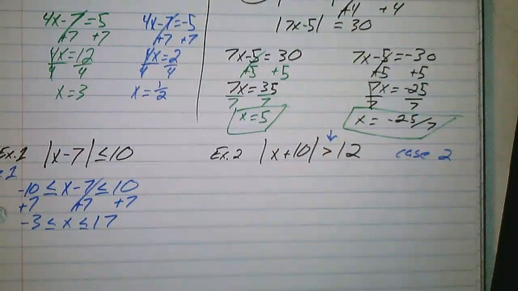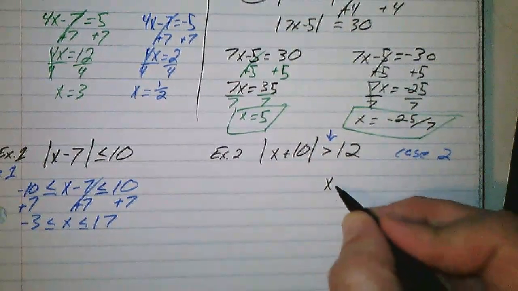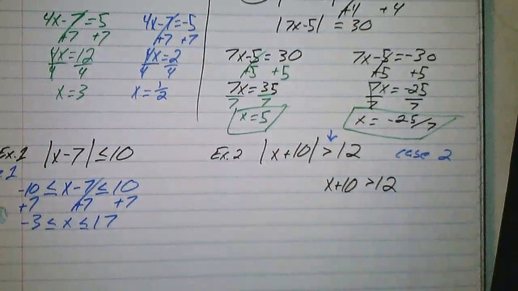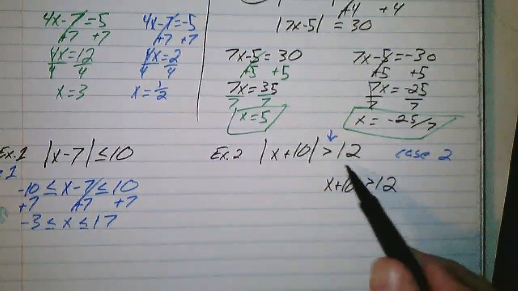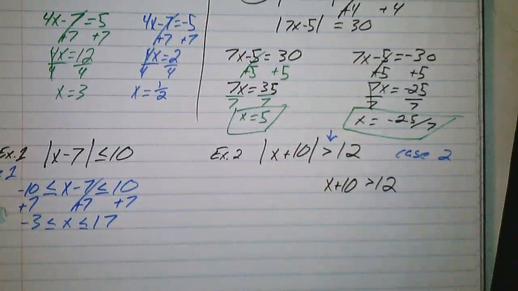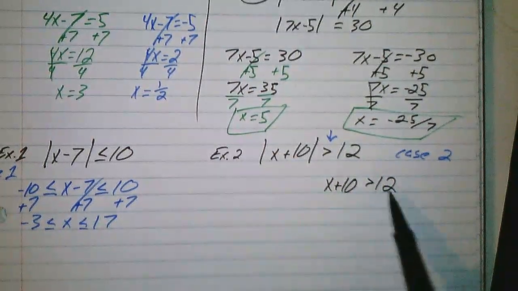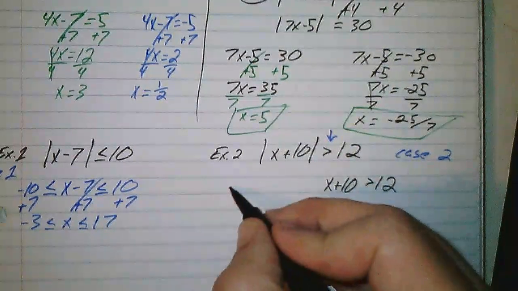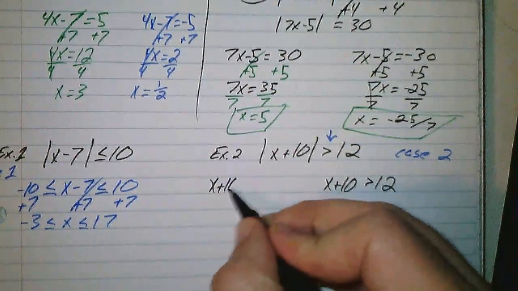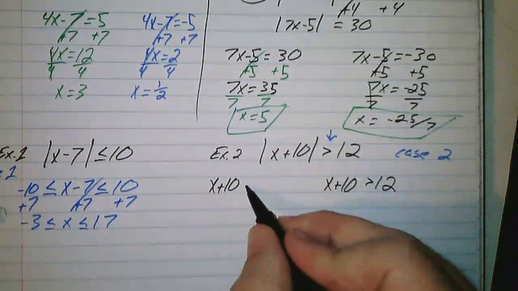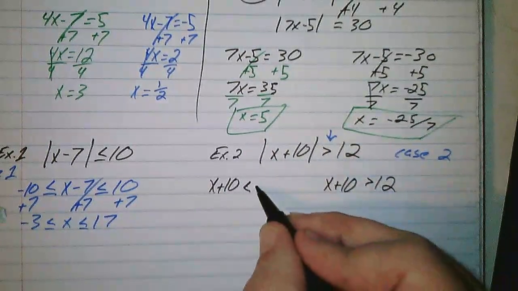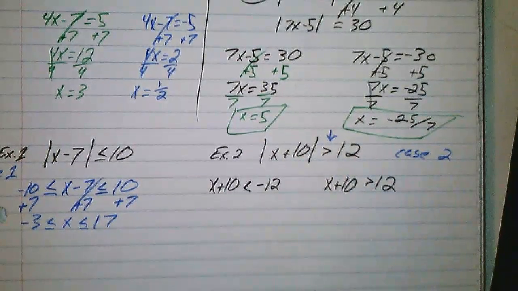So drop the absolute value bars, and it's greater than 12. We kind of just copy what we see. And then, this will give us the positive side of our number line. But what about the negative side? We take our x plus 10, we flip the sign, and instead of the positive version, it's the negative version.